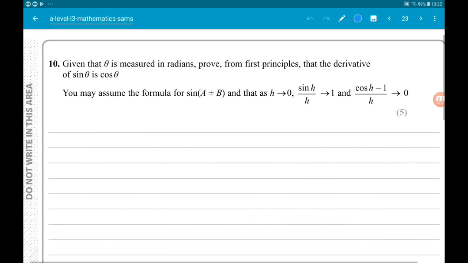Now the very first thing we need to do is to find f of x. So let's say let f of not x, because we're playing with theta, so let f of theta equal sine of theta.